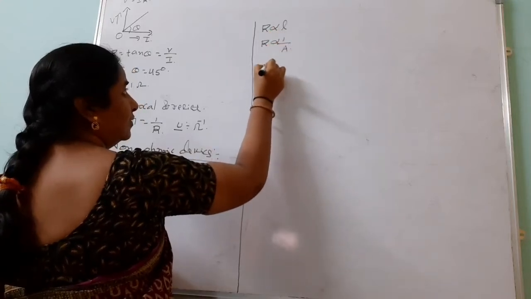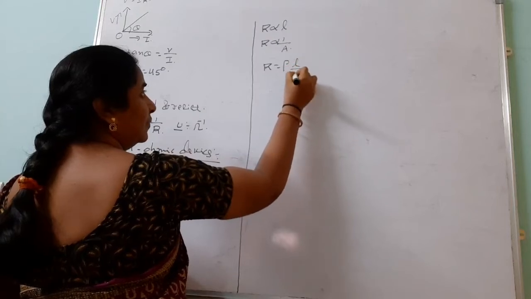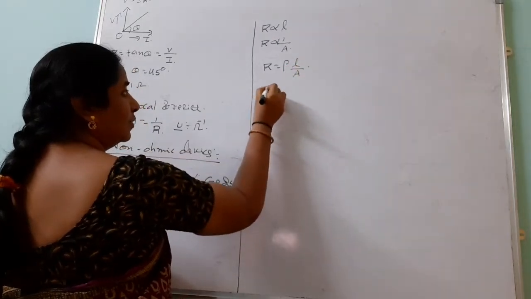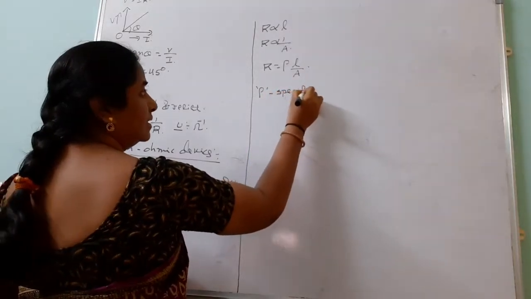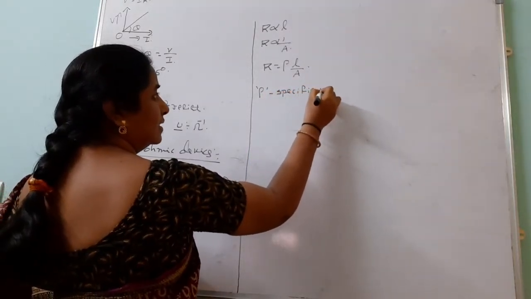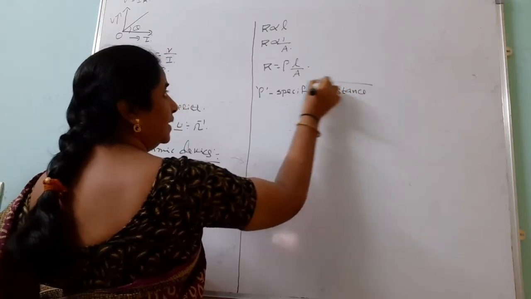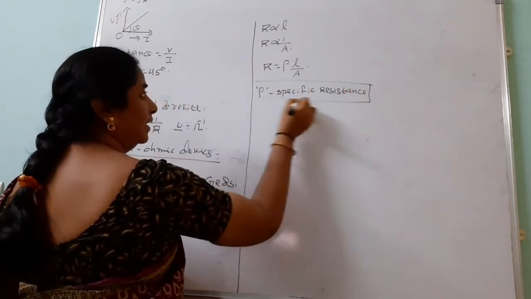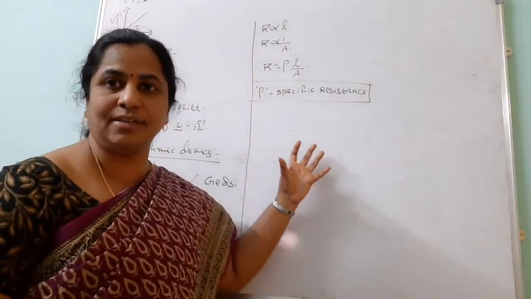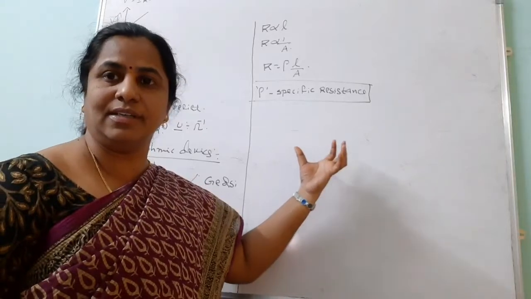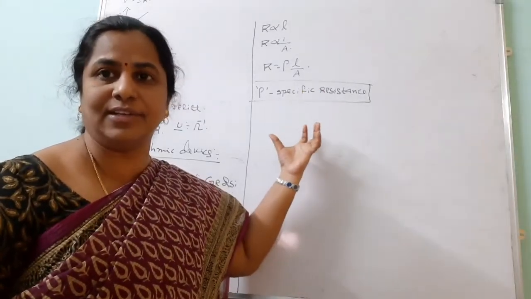When we write this, you get one constant rho into L by A. Here rho is one more constant. This is the specific resistance, or resistivity also we call it. It depends on the nature of the material and does not depend on the resistance. It is constant. For gold it is different, for silver it is different, for iron it is different. So it depends on the nature of the material.